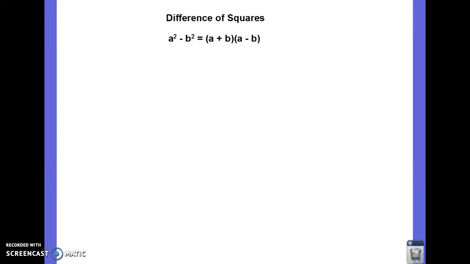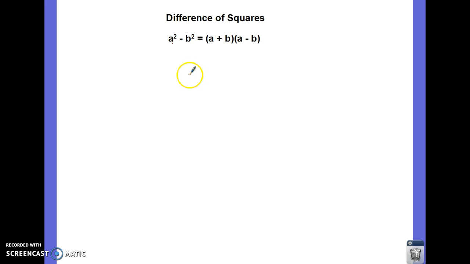Difference of squares. When given two perfect squares, the difference between them is equivalent to the first plus the second times the first minus the second. So a squared minus b squared is equivalent to a plus b times a minus b.